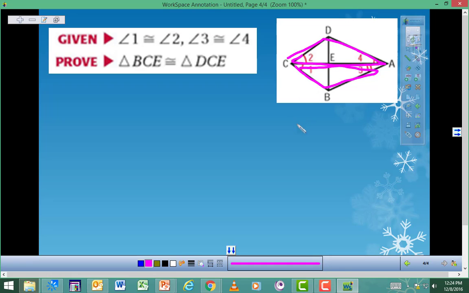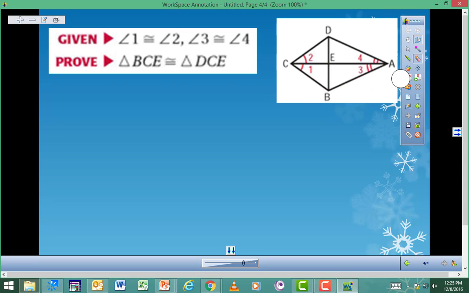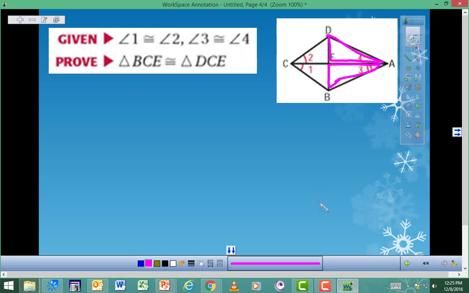After I do that, I also might try to prove that this triangle over here is congruent to this one down here.